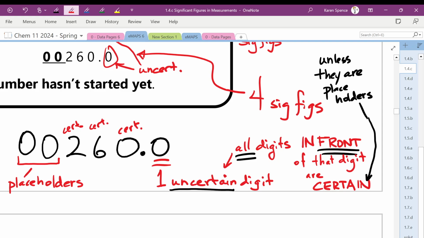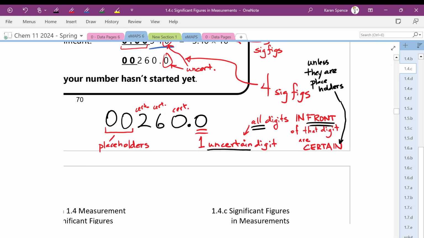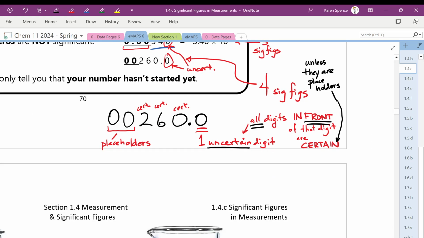And our significant figures are all of the certain digits plus the 1 uncertain digit. So we have 1, 2, 3, 4. And if you're not getting it just yet, don't worry. We're going to go through a whole bunch of different examples so it becomes clearer. So those are our zeros on the left.